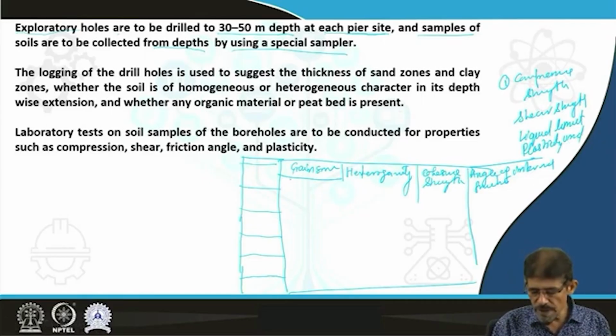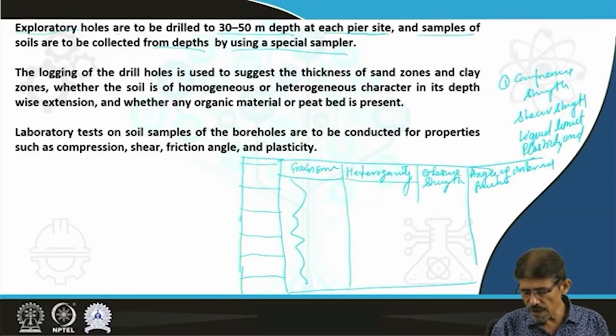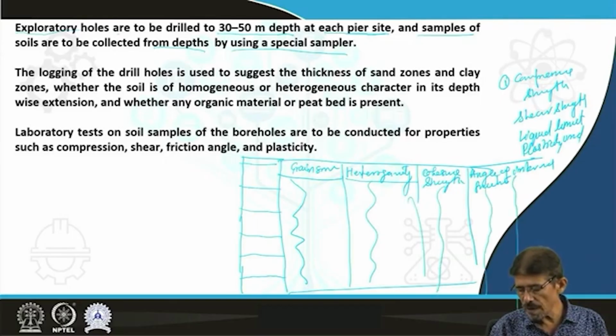In this way we see the variation of the grain size and the variation of heterogeneity, in terms of whether it is homogeneous or heterogeneous. In terms of cohesion, angle of friction, compressive strength, liquid limit, plastic limit and others.